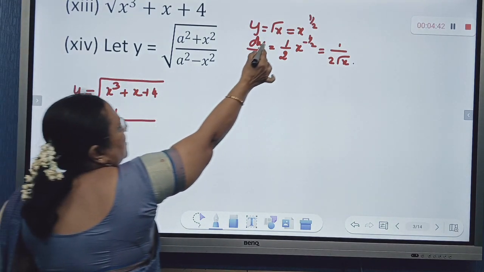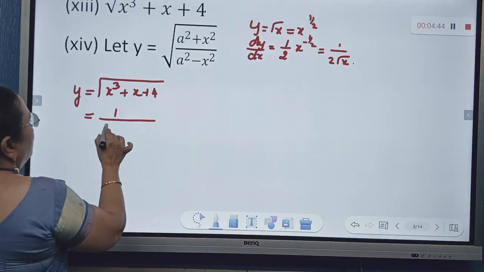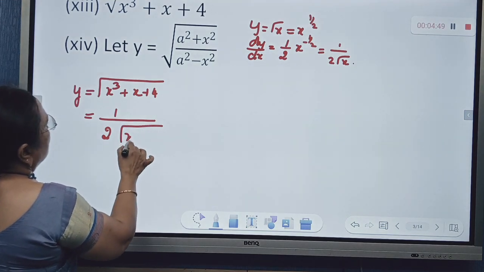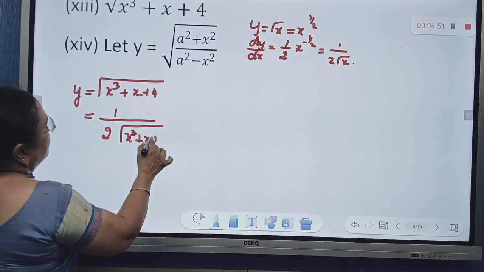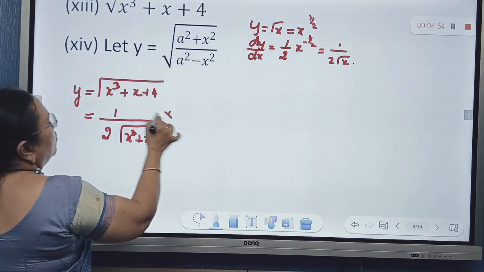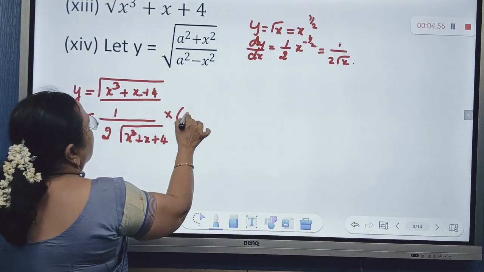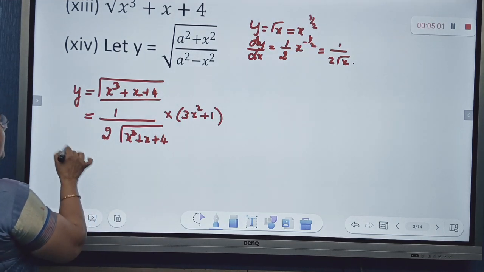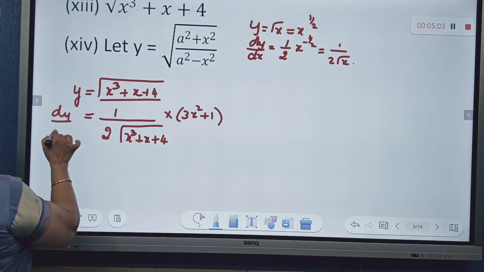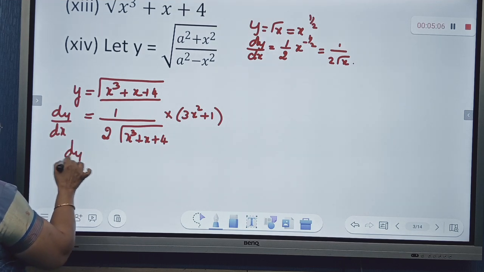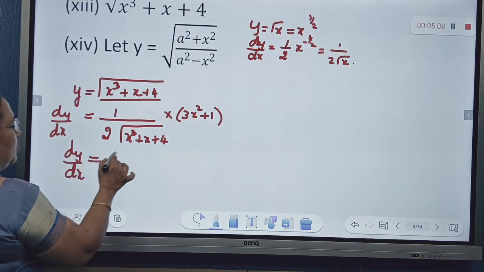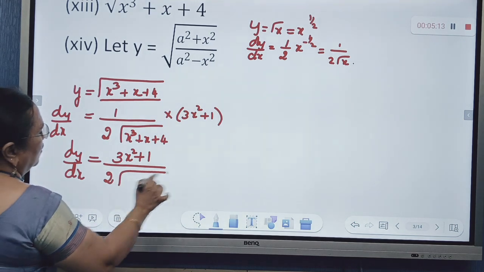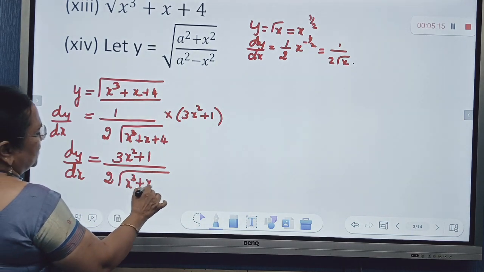So it is like x power half. So what is that? I will get 1 by 2 root of x cube plus x plus 4 into, I have to differentiate this, which is 3x square plus 1. So dy by dx is equal to 3x square plus 1 by 2 into root of x cube plus x plus 4.